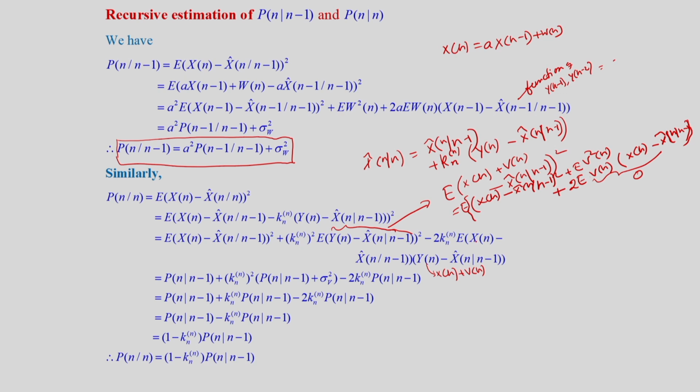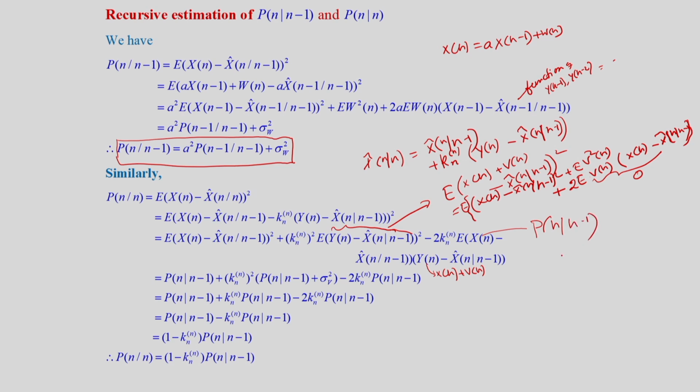Now this v n part will be independent of this x n and x hat n given n minus 1. So, contribution of v n will be 0. Therefore, we will simply have E of (x n minus x hat n given n minus 1) into (x n minus x hat n given n minus 1). So, that way it will be E of (x n minus x hat n given n minus 1) whole square, which is P of n given n minus 1. So, this expression will be equal to P of n given n minus 1.